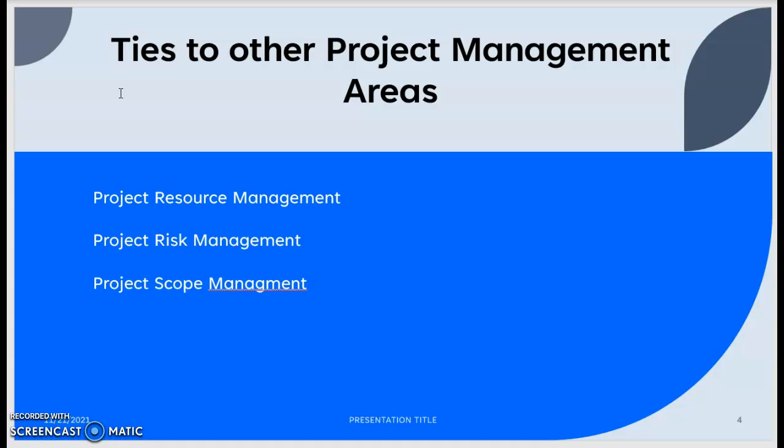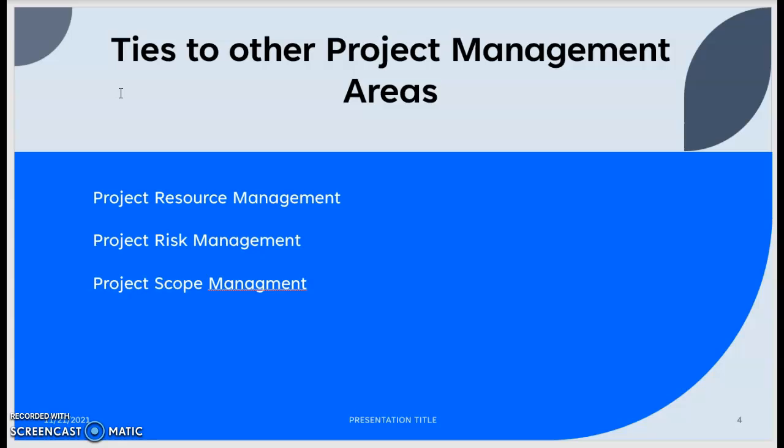Now, for project risk management, having a close relationship with stakeholders and being able to identify them goes hand in hand with risk management, because once you know what stakeholders you have and what kind of interest and power they have, they're going to be able to help you out with any risk associated with the project.